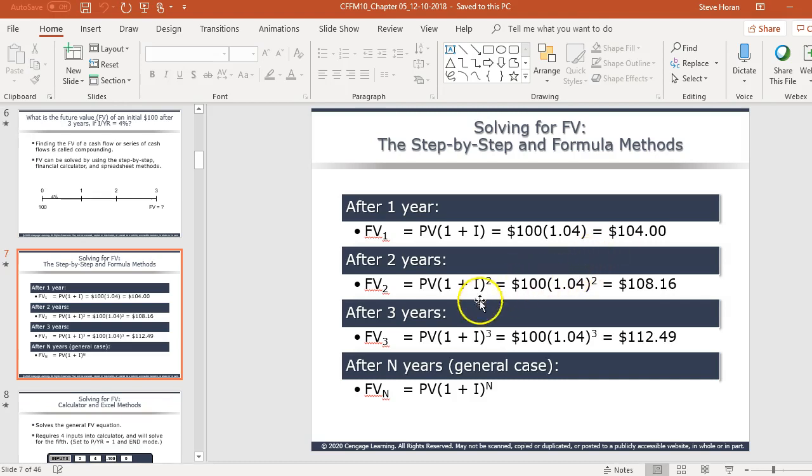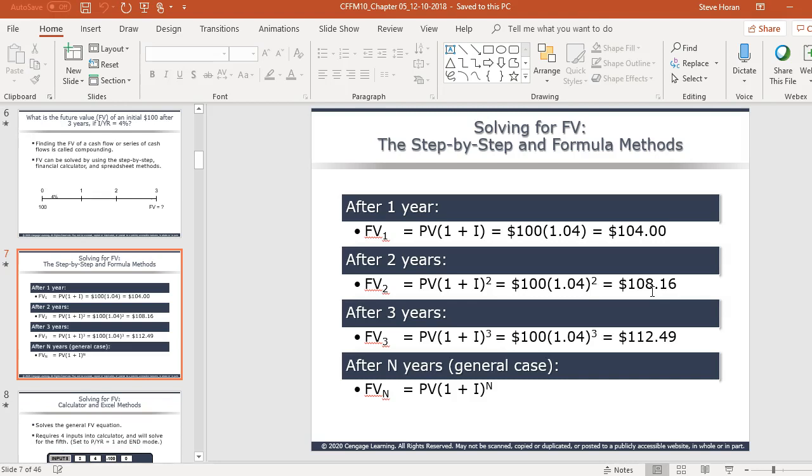And then in 2 years, kind of think how that works then. Our $104 is sitting there for another year, and it's going to earn interest on the interest. So in year 2, notice that we earn 108.16 because I earned another $4 on the $100 principal, but I earned an extra 16 cents because of that extra $4 of interest for that second year.